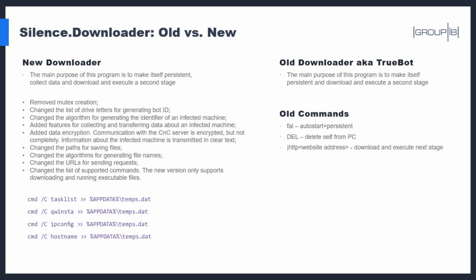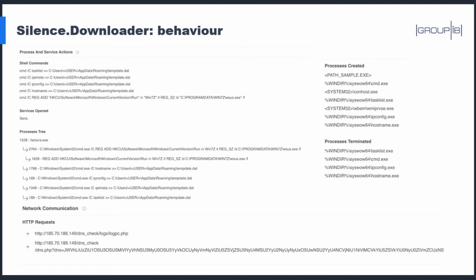So if you try to compare the behavior of the new downloader against the old downloader, they will differ drastically. On this slide, you can see the usual behavior of Silence downloader on VirusTotal. This behavior is unique, and you can't confuse it with other malware.